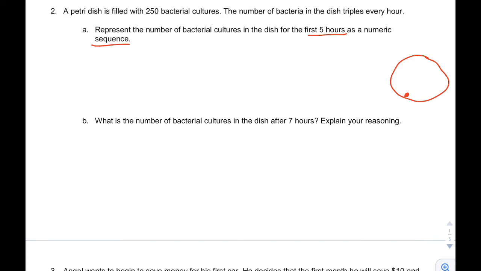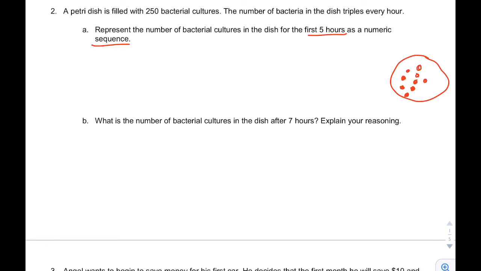Well, after 1 hour, this little guy triples. So now we have 3 little guys. Well, after another hour, these guys triple. So what do we have now? Well, instead of 3, 3 times 3 is going to be 9. So we have 1, 2, 3, 4, 5, 6, 7, 8, 9.